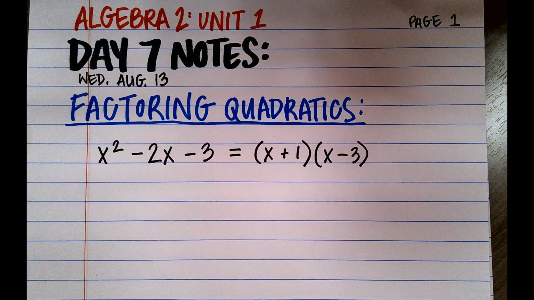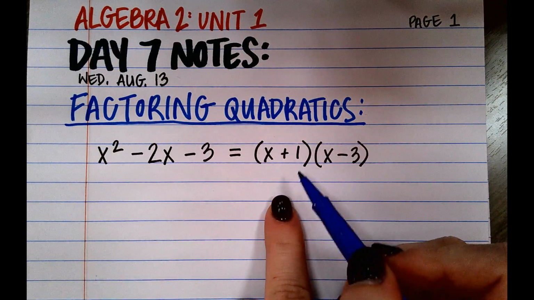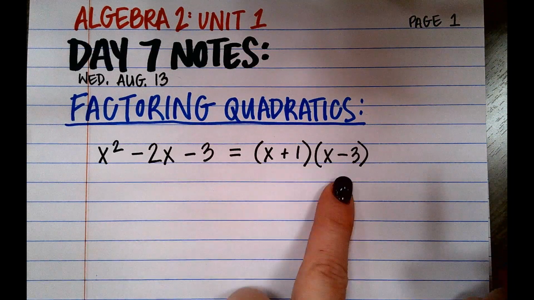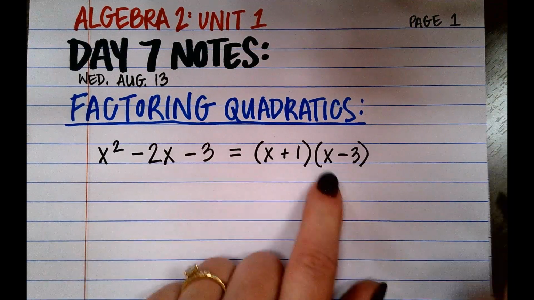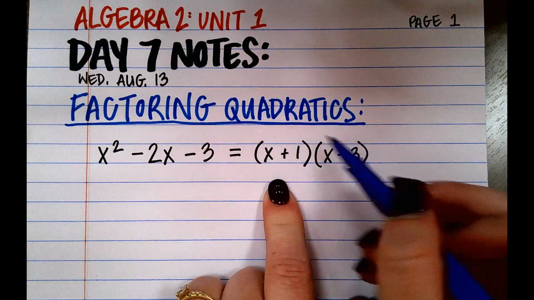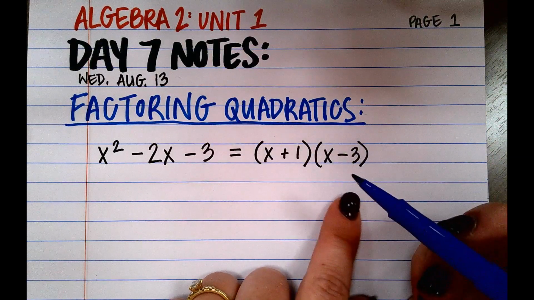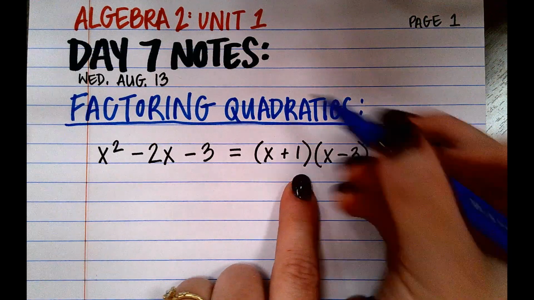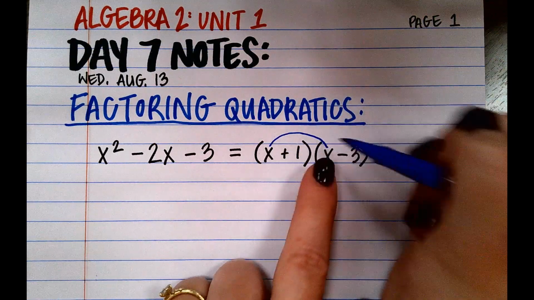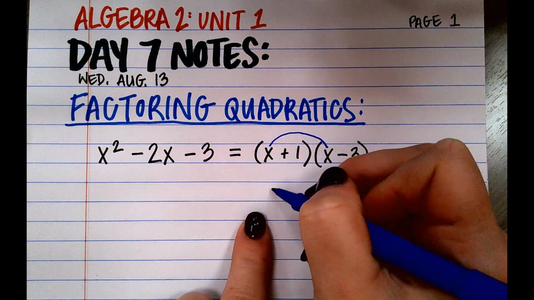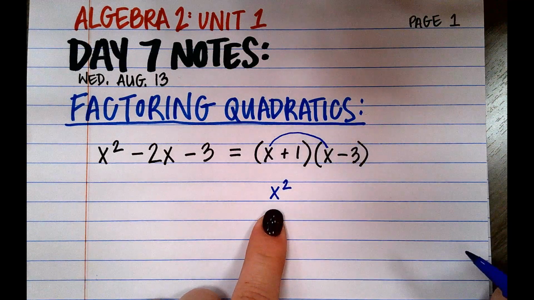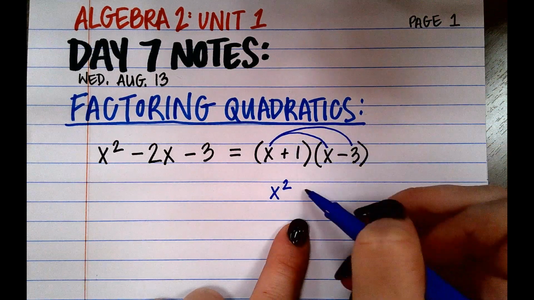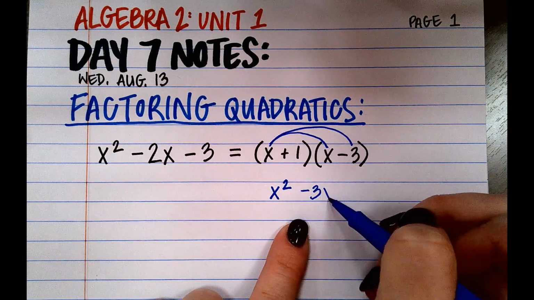Okay, so first let's make sure we remember how to multiply binomials and how these two things are the same. So if I wanted to multiply these, what would the first thing be that I do? X times X. Yeah, I'm going to do x times x, and that'll give me x squared. x times negative 3, which is negative 3x.